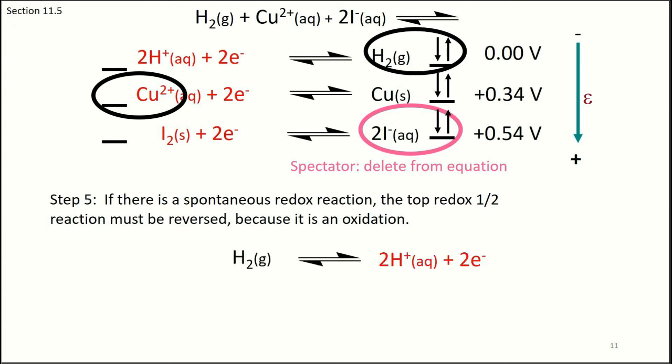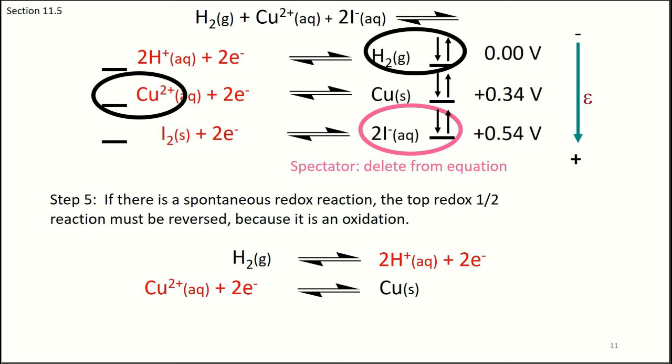So taking the reaction as written, where it is written as a reduction reaction, I will flip it to show that it is an oxidation reaction. Remember, we had mentioned that in oxidation reactions, we see electrons are products, where in reduction reactions, electrons are reactants. So here I've written my oxidation half reaction, and the bottom reaction can just be rewritten as is because it participates as a reduction reaction.